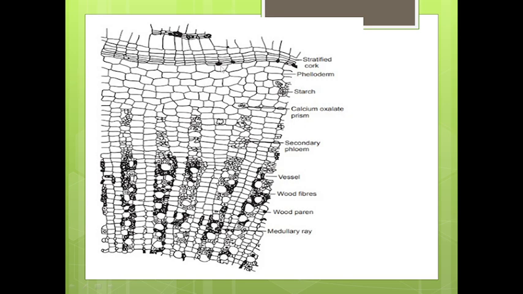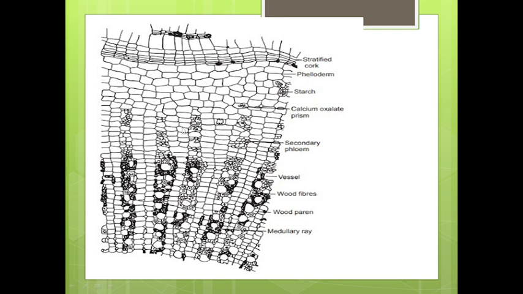That portion is known as phelloderm, and it consists of parenchymatous cells containing starch grains and calcium oxalate crystals. The calcium oxalate crystals and starch grains are present in the cork portion, but larger starch grains are present in large amounts in the wood portion.